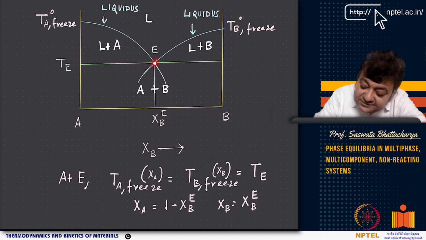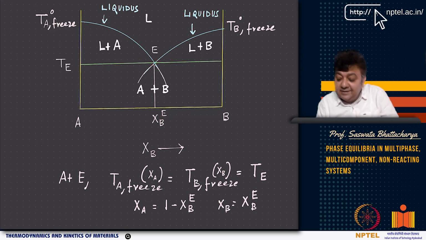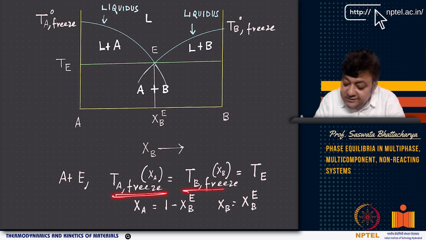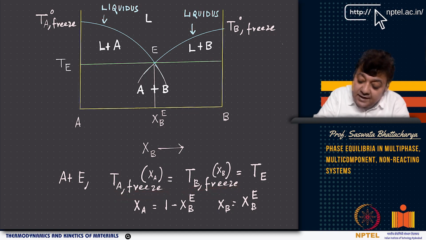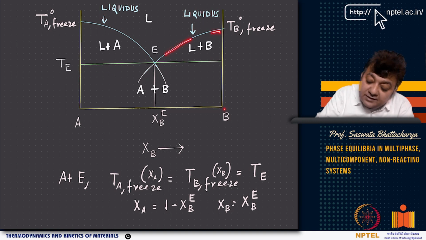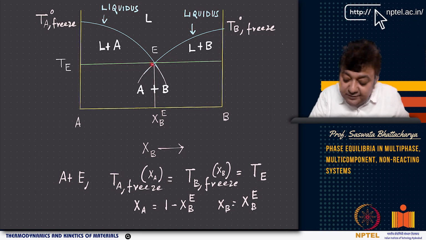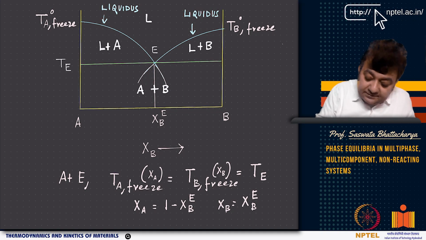And you have also a very special point here where TA freeze is equal to TB freeze. Basically, you can see as you go from pure B to a mixture that your TB freeze is changing. But at this point, TB freeze and TA freeze are the same. At this intersection point, TA freeze equals TB freeze equals T, which is equal to TE.